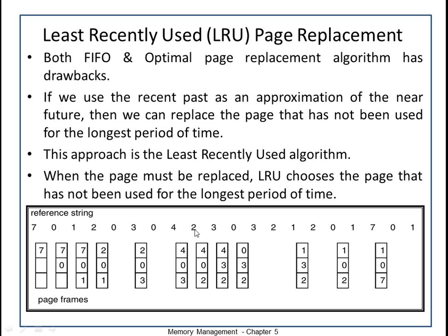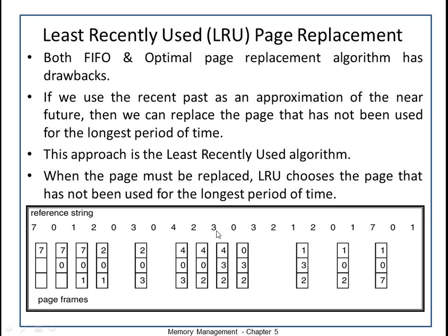Now the next page required is 2. For the same we will check these 3. Page 4 we have just used, 0 we used before that, and 3 is the oldest one. So we will select 3 for replacement and put 2 at its location.